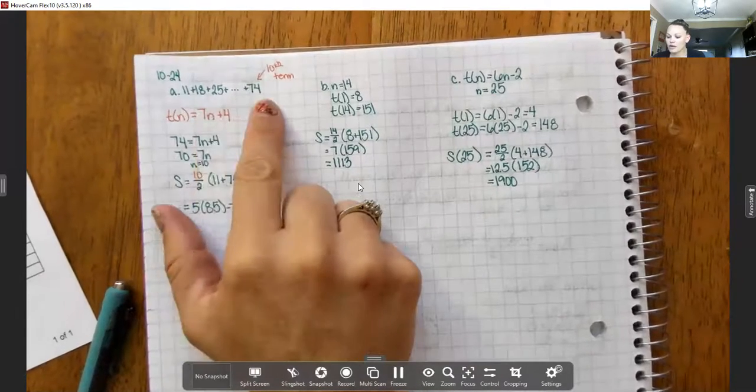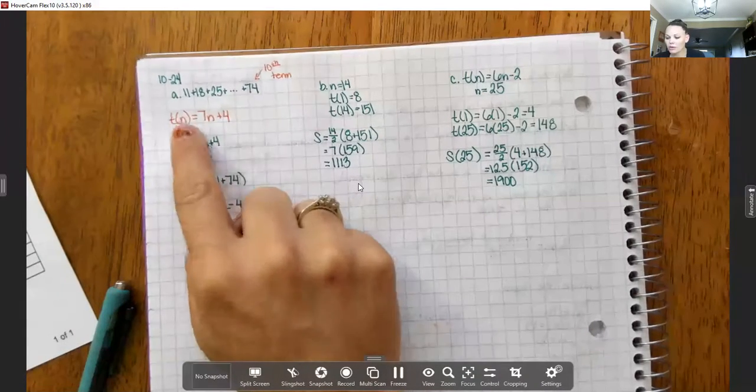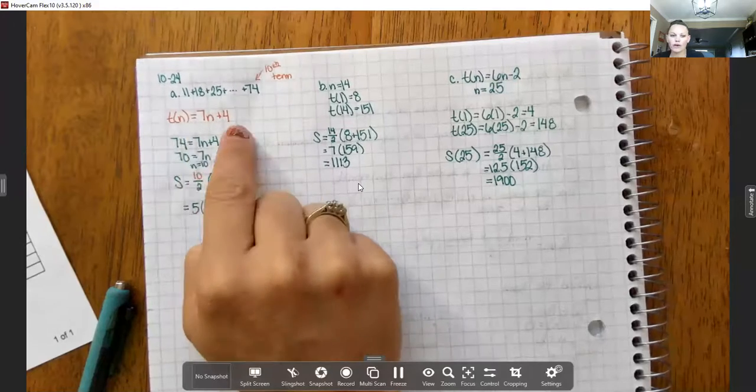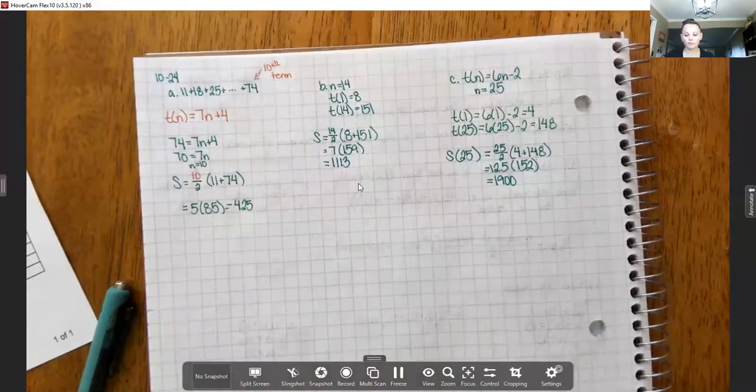So sometimes you have to figure out how many terms there are by using the sequence generator here, this equation.